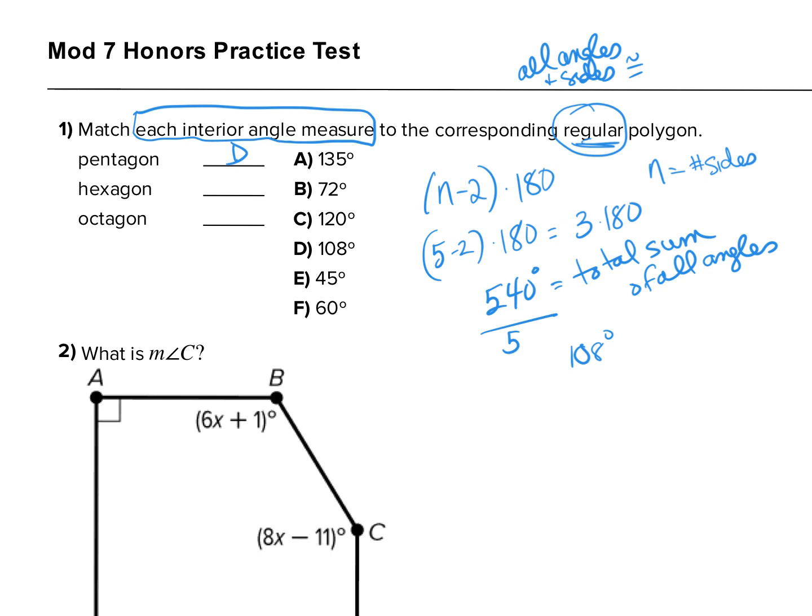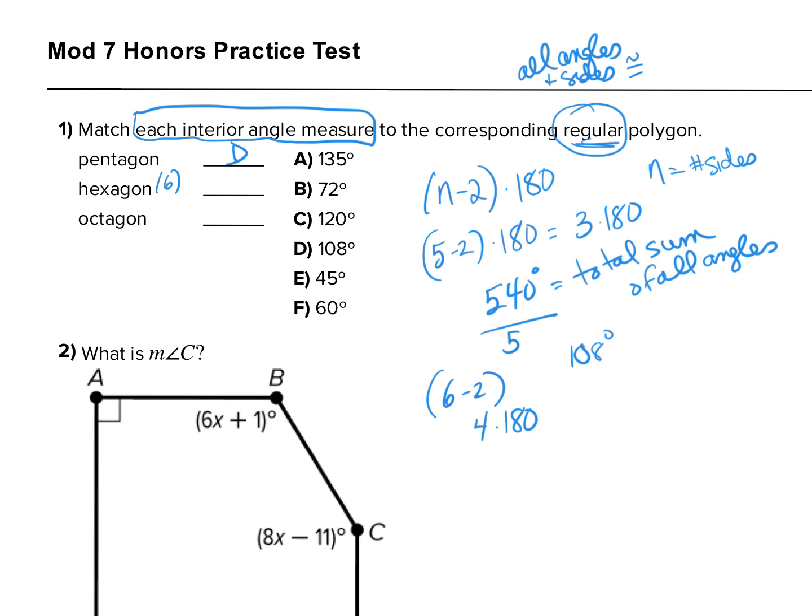Pause the video, do the hexagon and the octagon, and then come back and see if you got the correct answer. Okay, so for the hexagon, remember we have 6 sides, so the number of triangles we can make is 4.